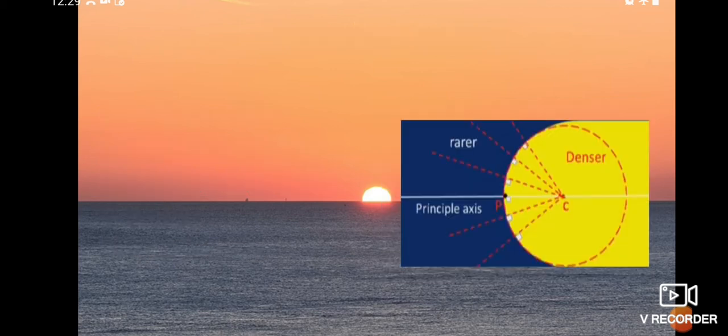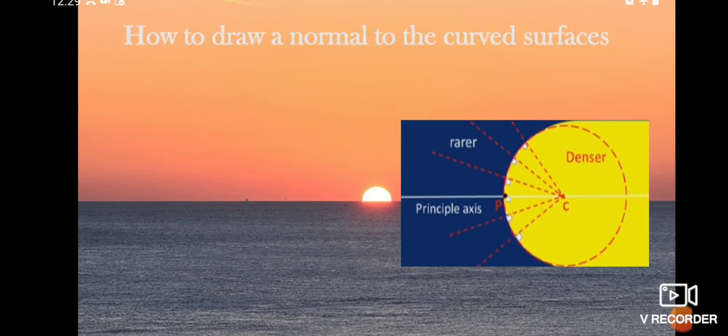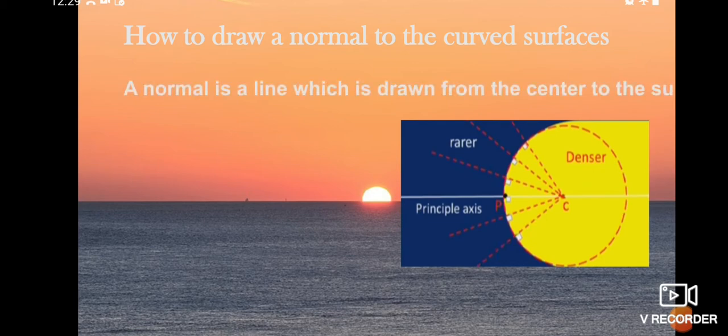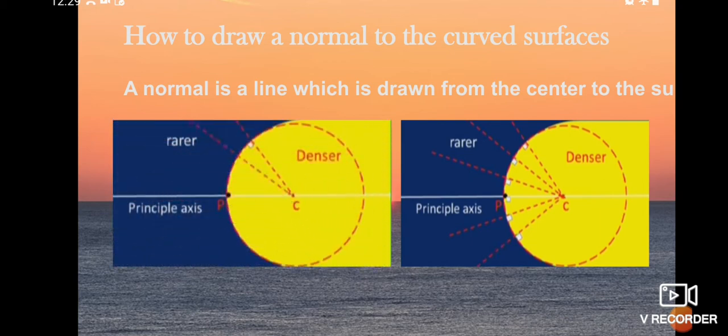Okay students, now see here how to draw a normal to the curved surfaces. We can draw so many normals by using the center. See here, I have taken a circle and I have drawn the pole, center of curvature, and principal axis line, and from the center itself we can draw so many normals.